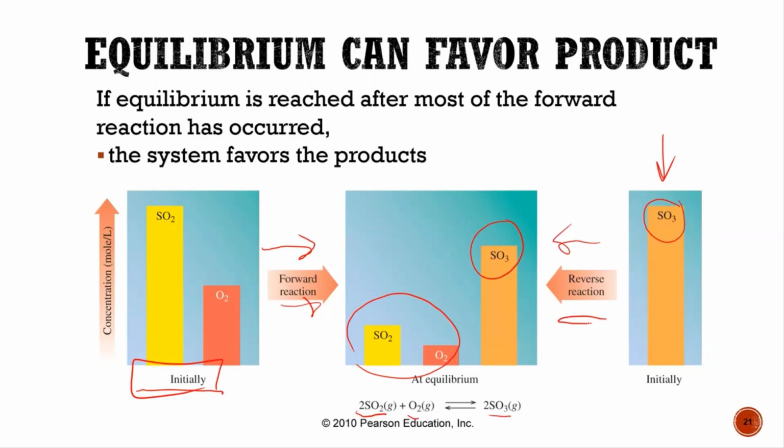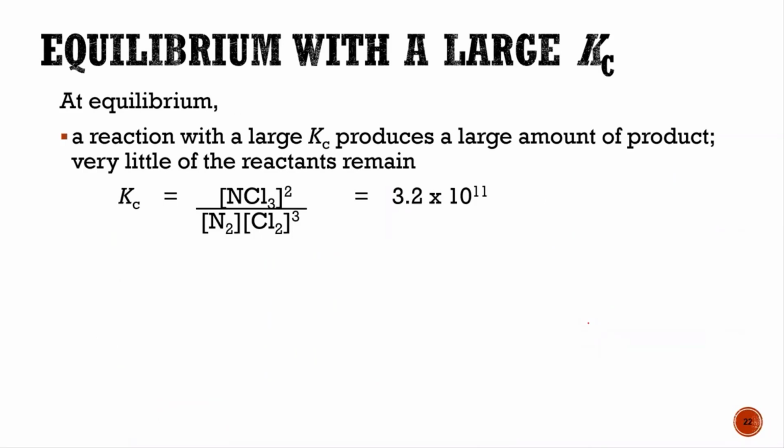But how can K tell us which one's favored? Well, if you think of it as the concentration of products over reactants, it's quite easy. This quotient is representing a proportion of concentration of products over reactants.